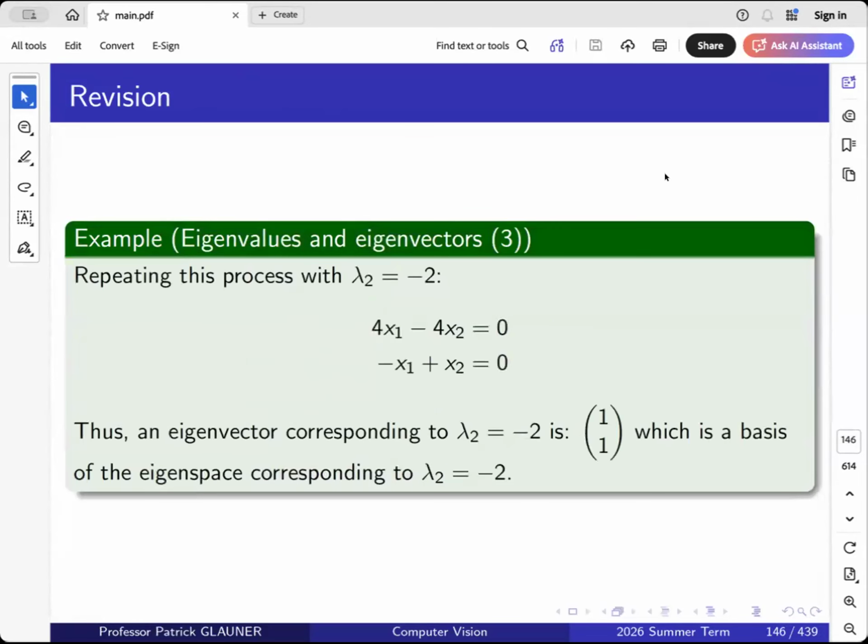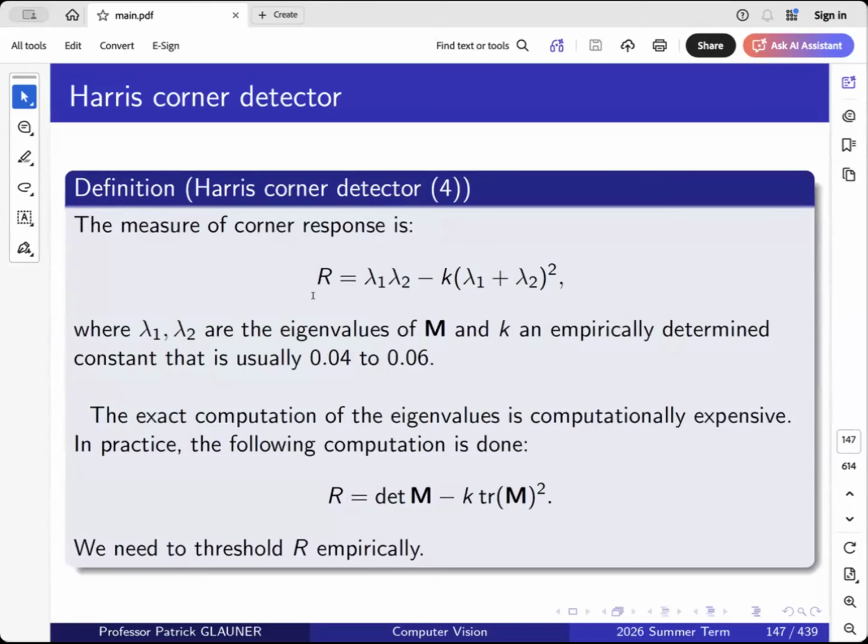With the setting we have done here, we will get two eigenvalues, lambda 1 and lambda 2, and we will get a so-called corner response R. The corner response R can be calculated by multiplying the eigenvalues, and then we subtract the sum of these eigenvalues squared multiplied with k. k is a constant that you would determine empirically, so experimentally, and it's typically a small value between 0.04 to 0.06.